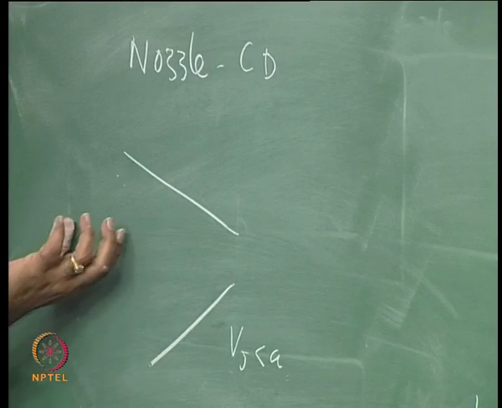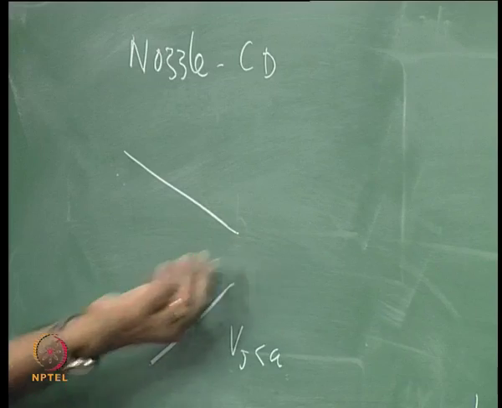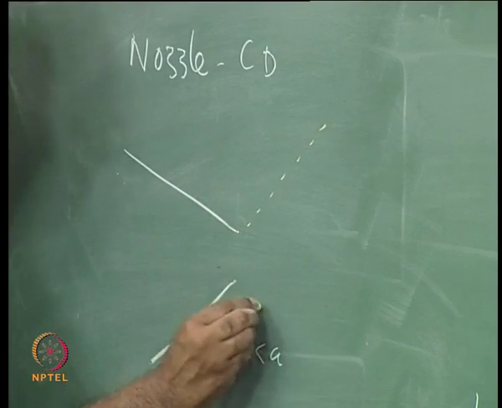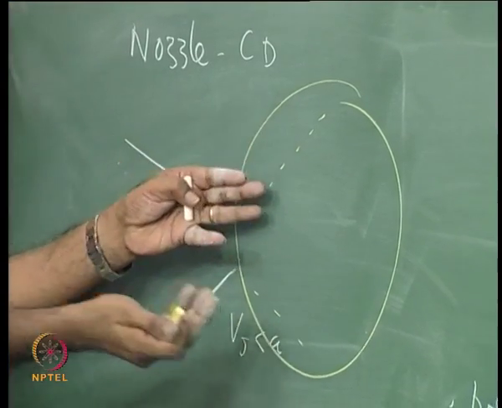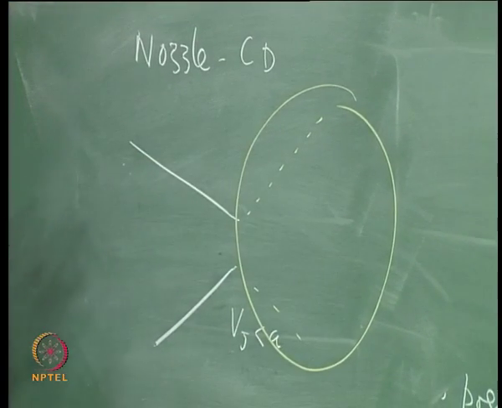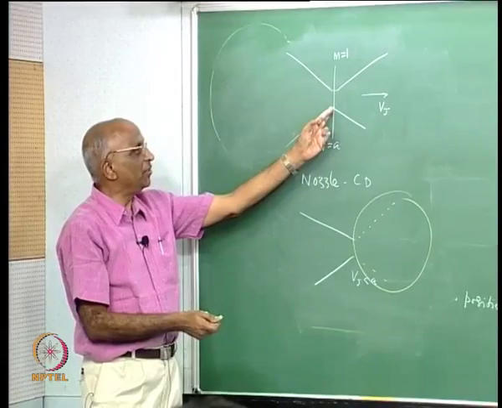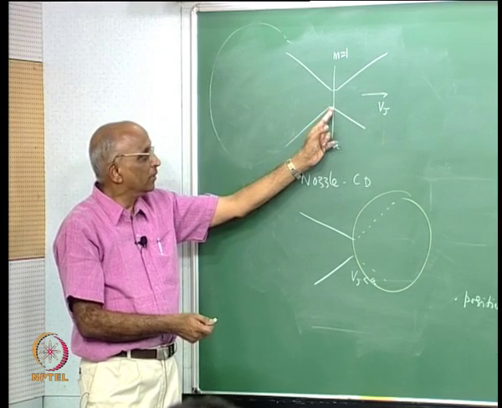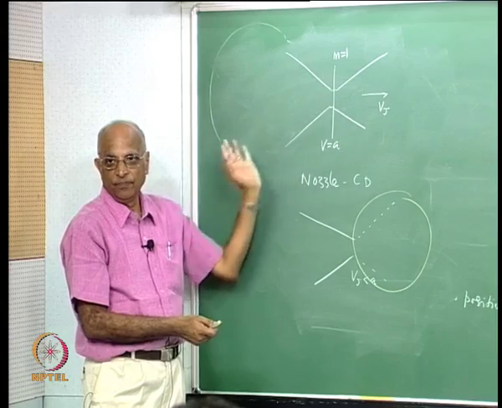That means if I have inadequate conditions such that I cannot get here, then I must do away with the divergent section, because if I have this divergent section over here, I am really losing, not gaining. Therefore, whenever a rocket nozzle has to be designed, we have to ensure that the velocity of the flow at the throat must be equal to the sound speed.